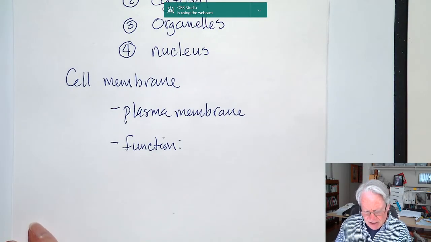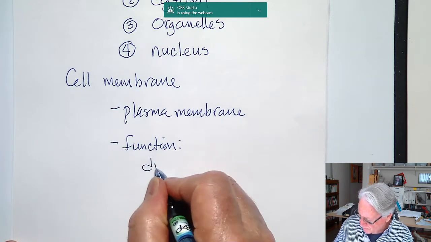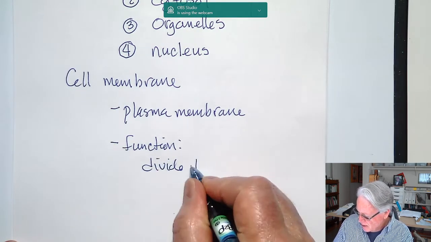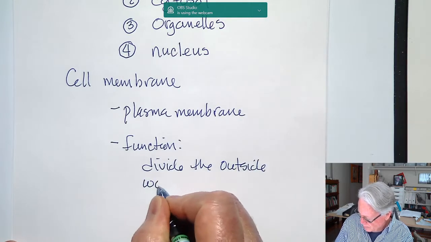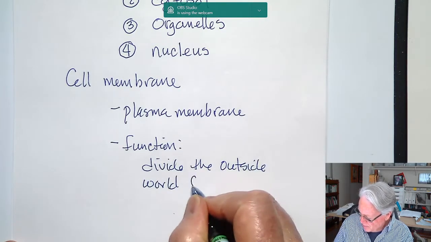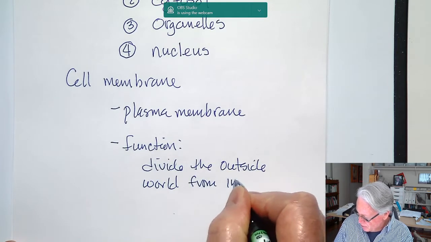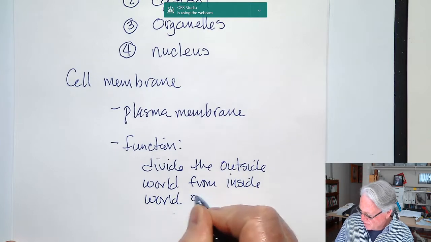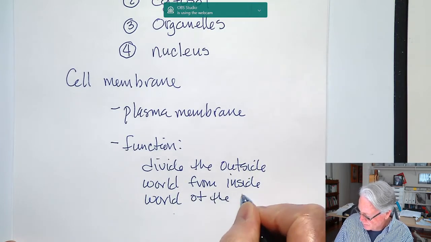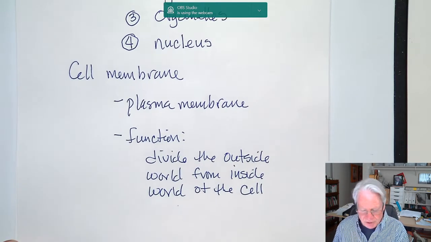The function of this is many-fold, but the general function is to create a space within which the cell can control. So basically, this is going to divide the outside world from the inside world of the cell. It's the border between the outside and the inside.